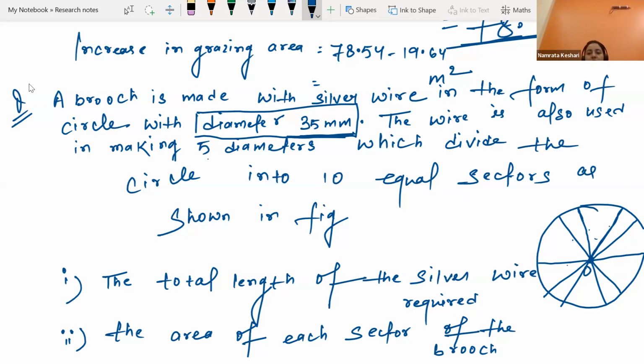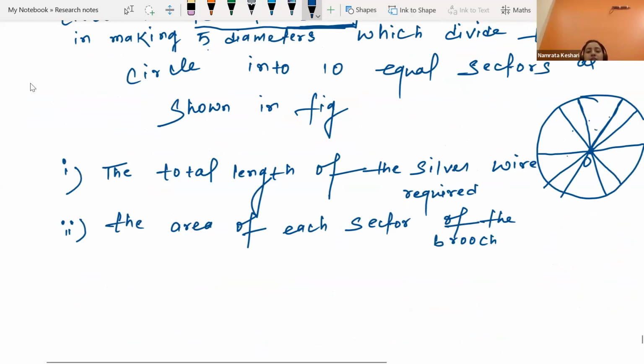This way you can see 10 equal sectors over here. The total length of silver wire which is required. So we can think about finding the length of the arc, right? The circumference of this circle, yes or no? That is called the length.